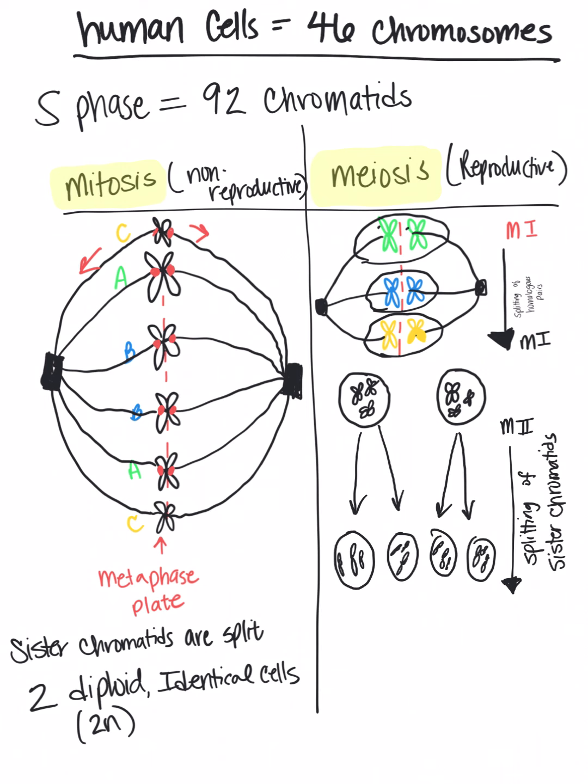And what you have left are 4 daughter cells that are all haploid. Now, if crossing over does not take place, these two will be identical to each other, and these two will be identical to each other. However, if crossing over does take place, then the result are 4 genetically different cells.